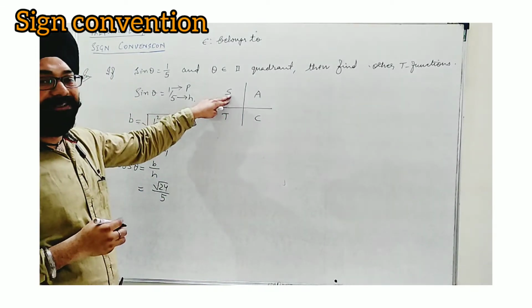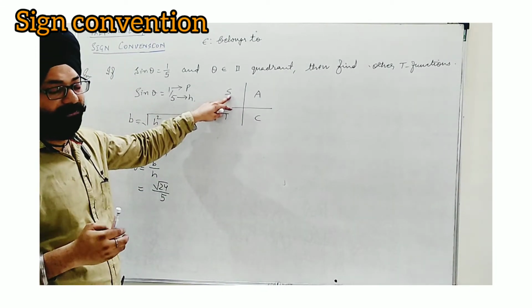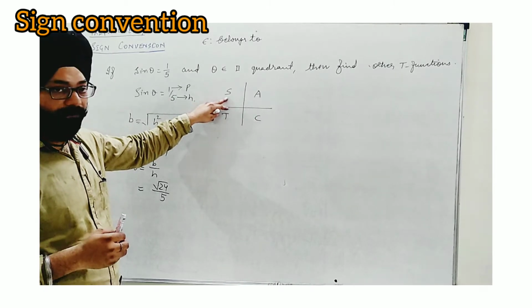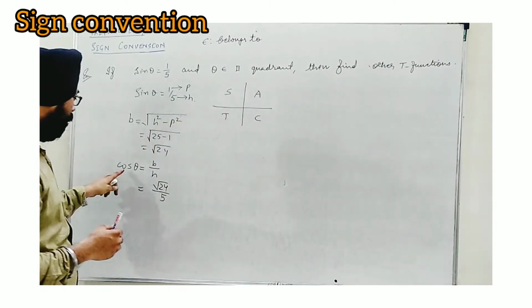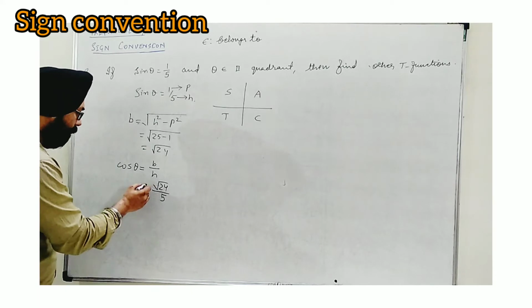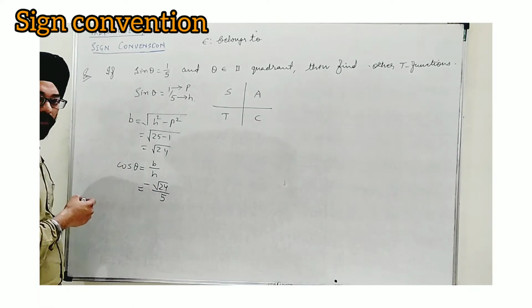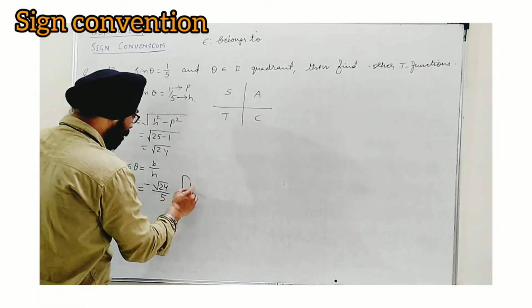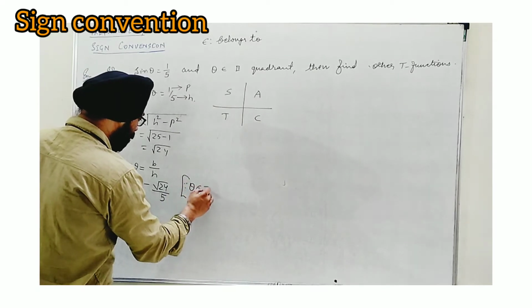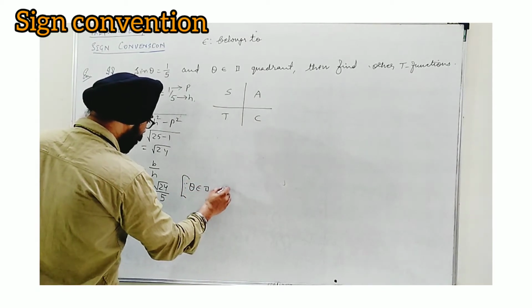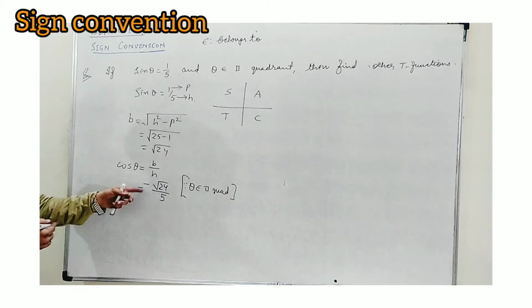It shows that only sine and cosec, the reciprocal of sine, will be positive, the rest are negative. So for sure cos is negative. So we directly write minus root 24 by 5, since theta belongs to the second quadrant. One time you write the condition so that this sign change will be helpful.